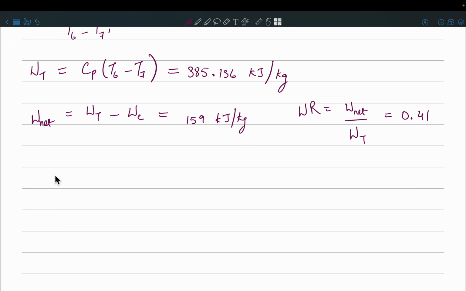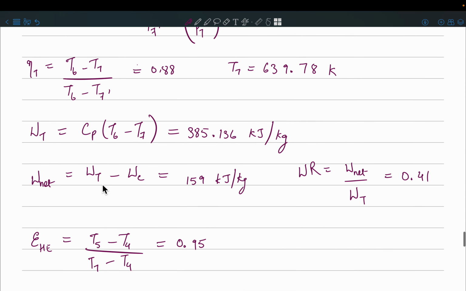Okay, now since we have been given the efficiency of the heat exchanger, and the definition over here is like we discussed just now, (T5 minus T4), which is the actual heat transfer, by the maximum possible heat transfer, which is (T7 minus T4), and this we know is 0.95. So we have the value of T7.